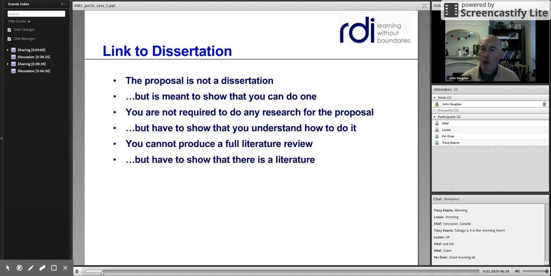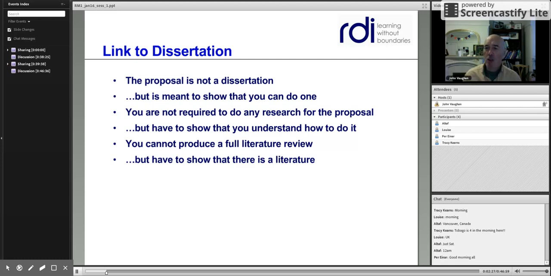We also need you to demonstrate that you understand the literature, and we use the word literature to mean theory in this context. So we talk about a literature review because you are reviewing published works, but actually those works relate to theory. So we could just as easily say that you've given us a discussion of the theory, and that's what we expect to see.